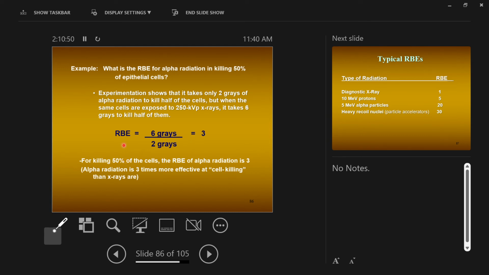So you ask, what is the relative biological effectiveness of alpha radiation in destroying 50% of the body's epithelial cells? A sample of tissue, you irradiate it with alpha rays. How much does it take to kill half the cells?